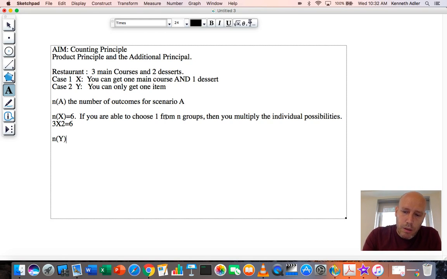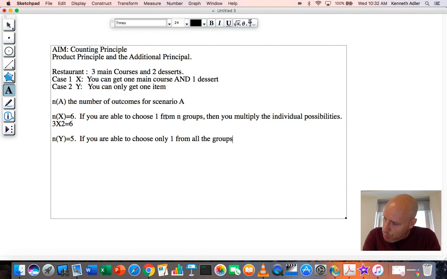So let's look at the next case, Y. Well, you can only get 1 of these. That's obvious. It's 5, because there are 3 main courses and 2 desserts. So the idea here is, if you are able to choose only 1 from all the groups, you add all the possibilities.